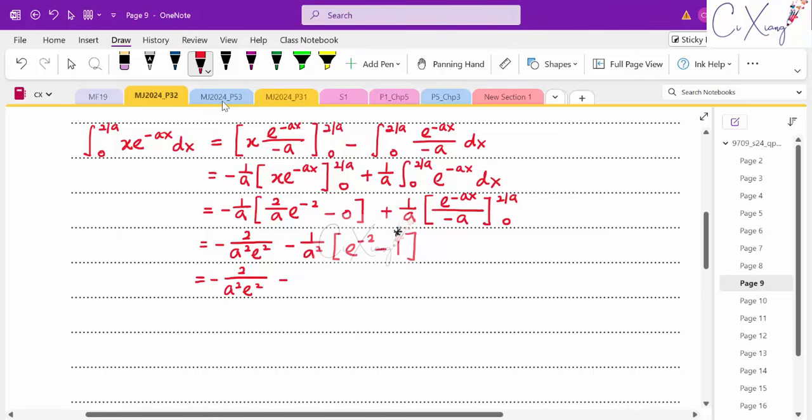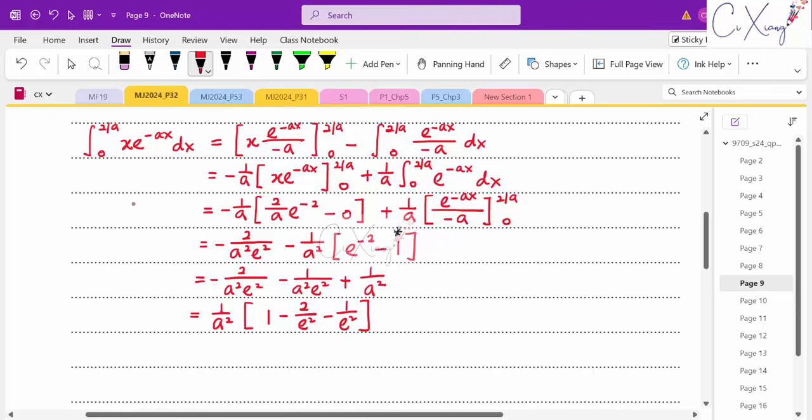Okay, so I'm having negative 1 over a square e square, then plus 1 over a square. Then from here, I think we can see quite clear. I can factorize out the 1 over a square here. Then I left 1, then minus 2 over e square, minus 1 over e square.